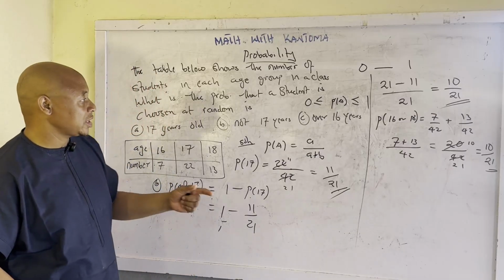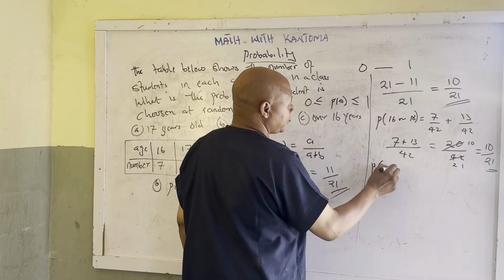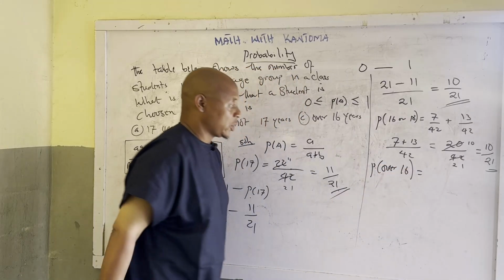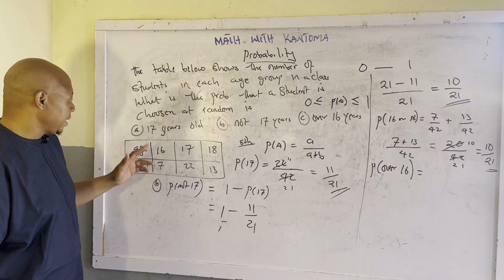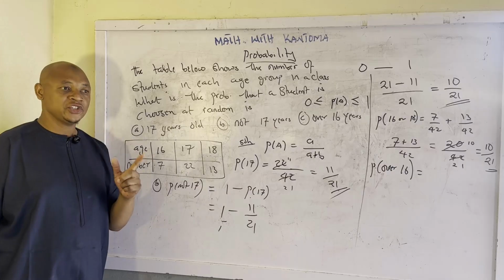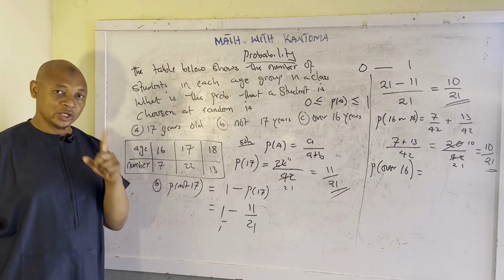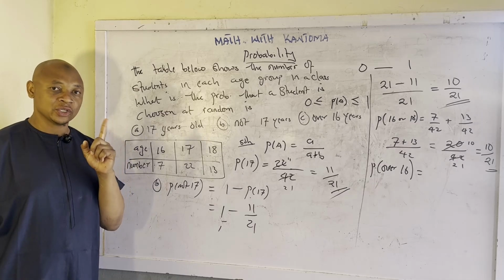Then the last one says over 16 years old. The probability of picking a student at random who is over 16 years old. When we say over 16 years old, what do we mean? We mean that it is greater than 16. The age must be above 16, not 16 inclusive, from 17 upward. 16 is exclusive here.